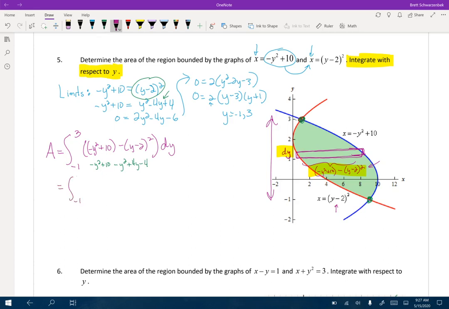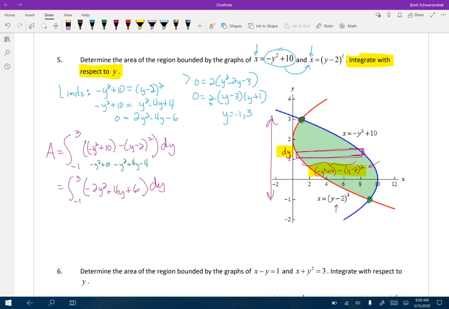So we're still from negative 1 to 3, and we're going to end up with negative 2y squared plus 4y plus 6, and we have to do that with dy. Obviously we're not taking shortcuts, but we're just not writing it all out. I'm making sure to show it though, so you can see the math that was done, the distributive property from here.